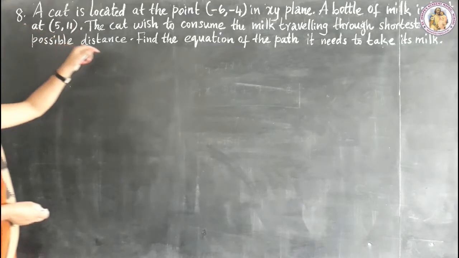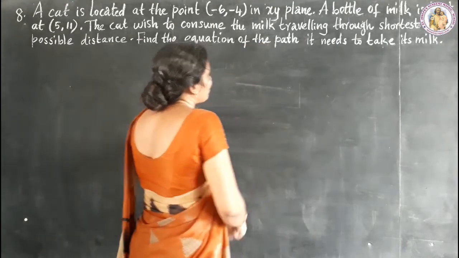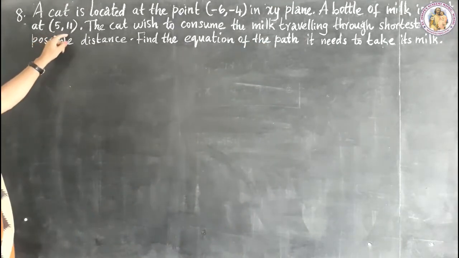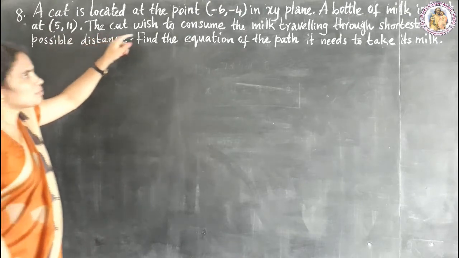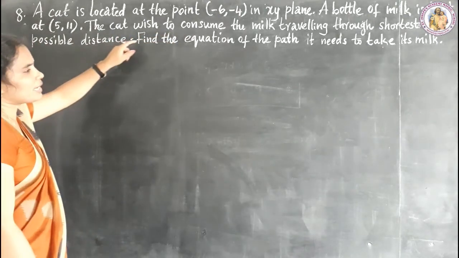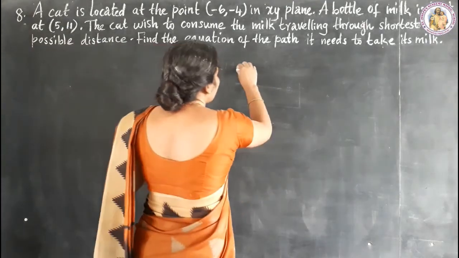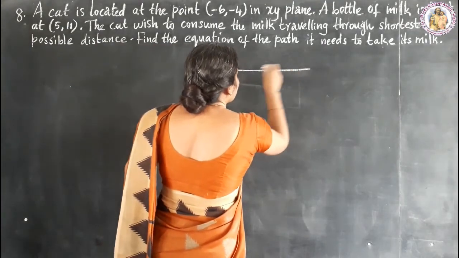Question number 8. A cat is located at the point (minus 6, minus 4) in the xy plane. A bottle of milk is kept at (5, 11). The cat wishes to consume the milk traveling through the shortest possible distance. So find the equation of the path it needs to take to reach its milk.